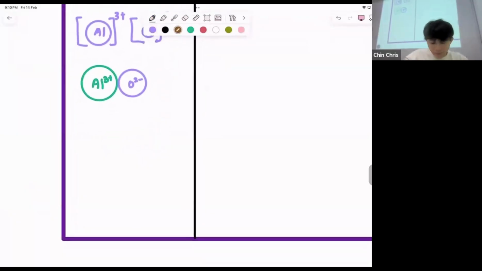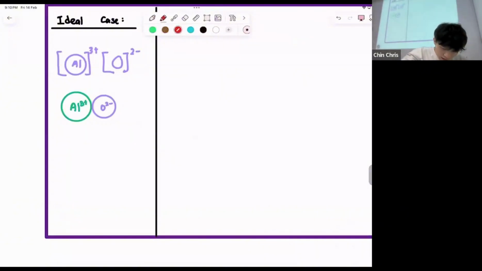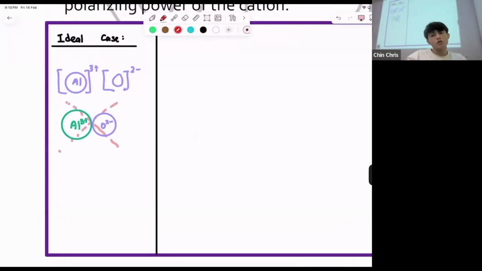But this is not the actual case. In the actual case, it's not like that.